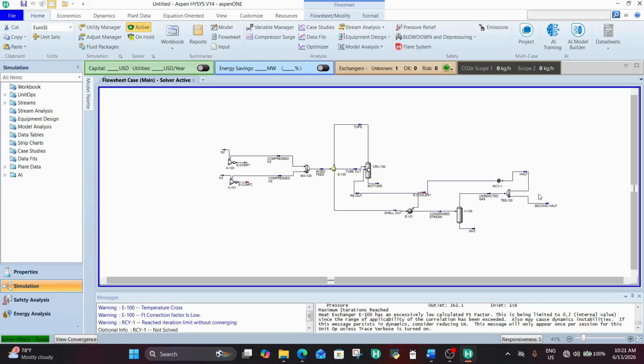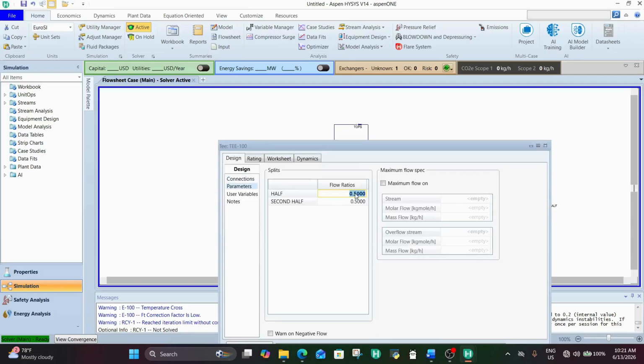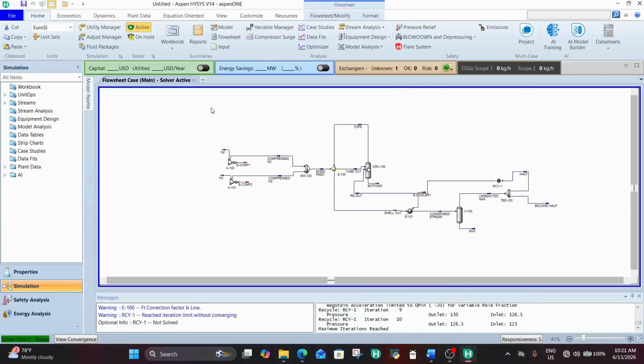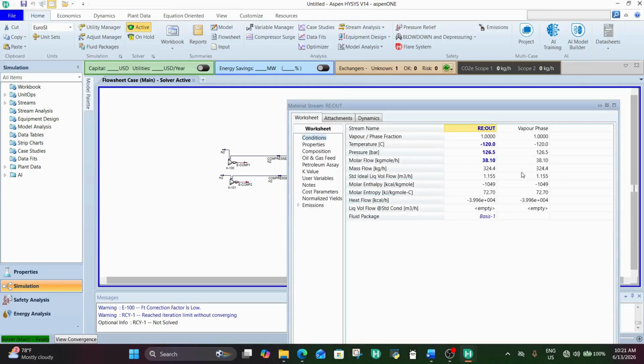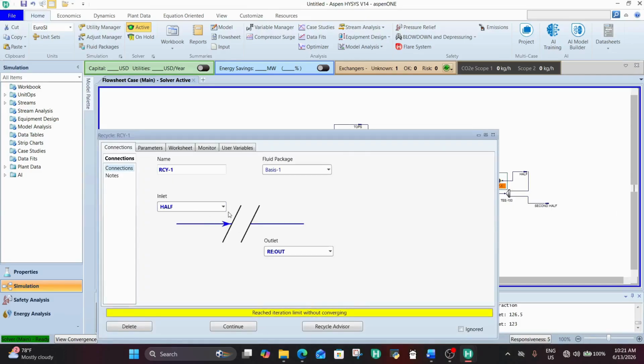Basically, let's reduce that. Right, 0.2 at least. Even 0.2.